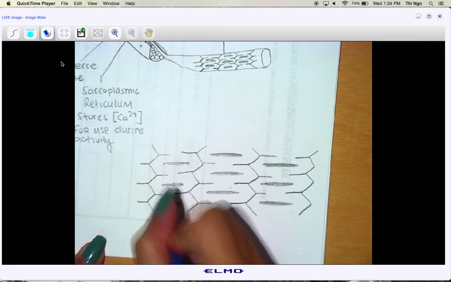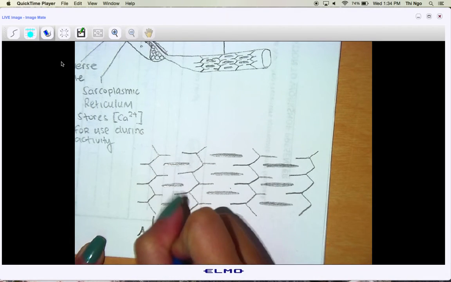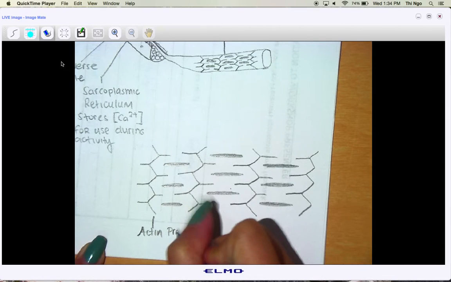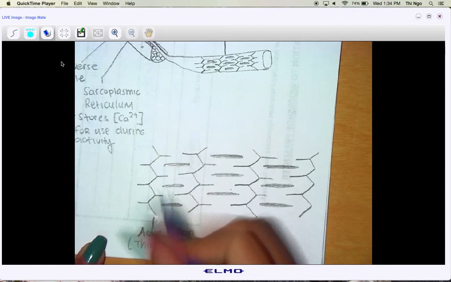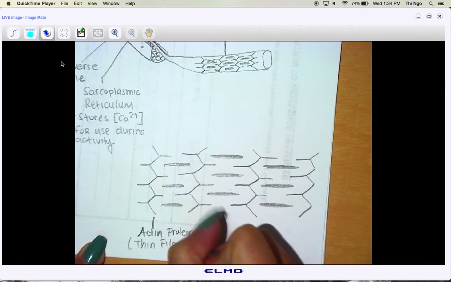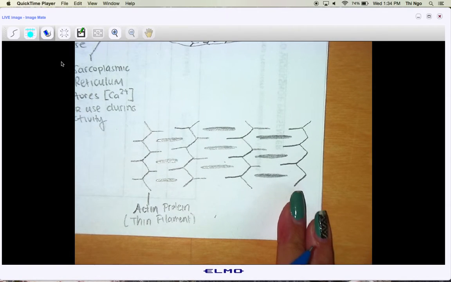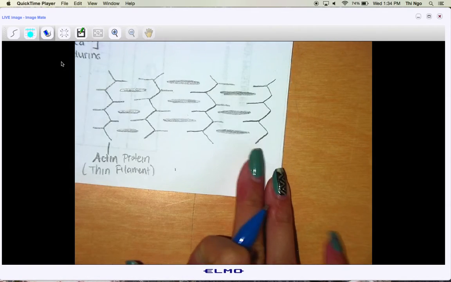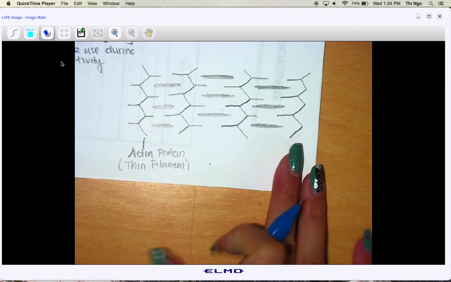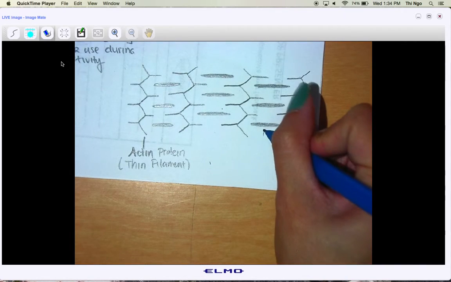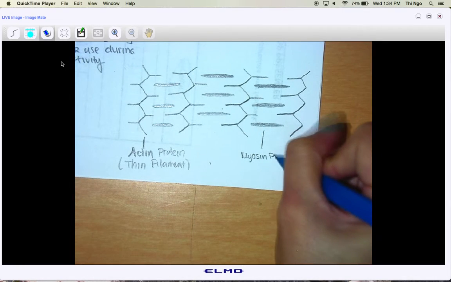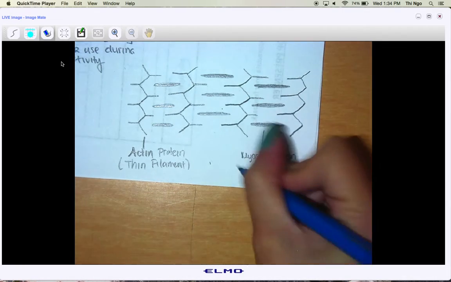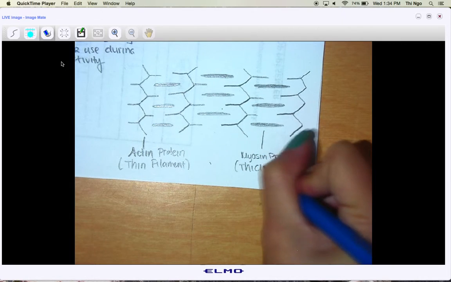These zigzags are actin protein, also known as the thin filaments. And then in the middle, you have the myosin protein, also known as the thick filament.